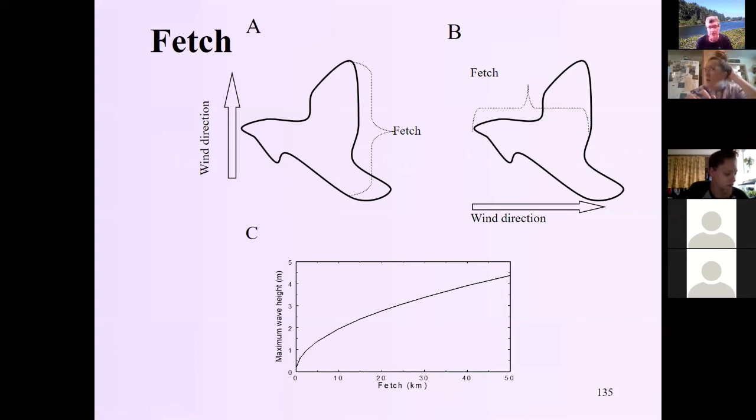The longer the fetch is, the higher the waves can be. This is a graph of the maximum wave height that you can have given as fast as winds ever really get normally. And the fetch is in kilometers here. So when we get in the ocean, you obviously can have incredibly large waves.